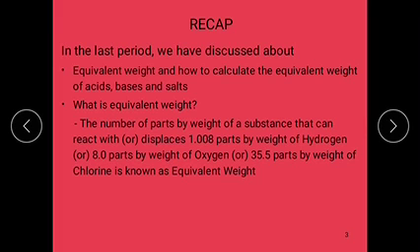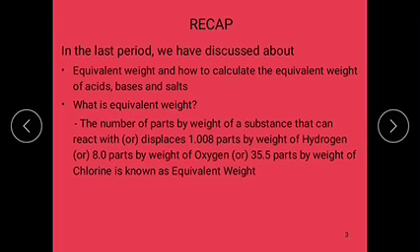The equivalent weight means the number of parts by weight of a substance that can react with or displace 1.008 parts by weight of hydrogen, or 8 parts by weight of oxygen, or 35.5 parts by weight of chlorine. This definition also differs with different kinds of acids, bases and salts.